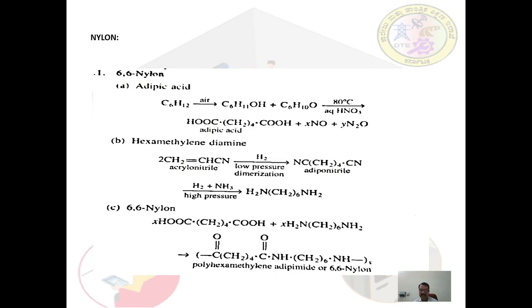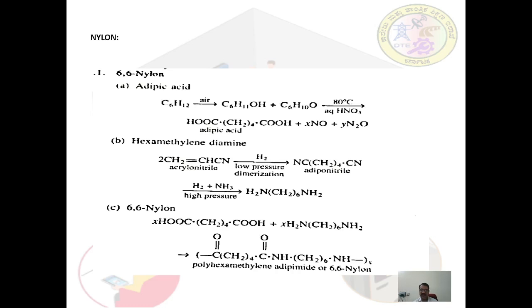Nylon 6,6 means this nylon has 12 carbon atoms in its chain. It is a condensation polymer formed by the condensation polymerization of adipic acid, a dibasic acid, and hexamethylene diamine.